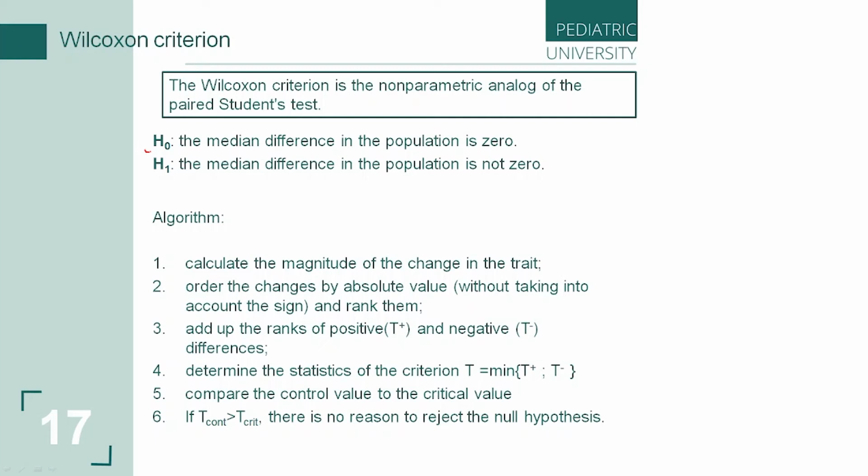Let's start with the algorithm and then look at an example. What is the procedure for working with the criterion? The first thing we have to do is calculate the magnitude of the change in the trait. That is, we find the difference between the values of the first and the second sample.